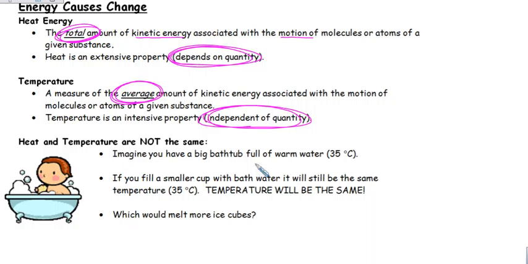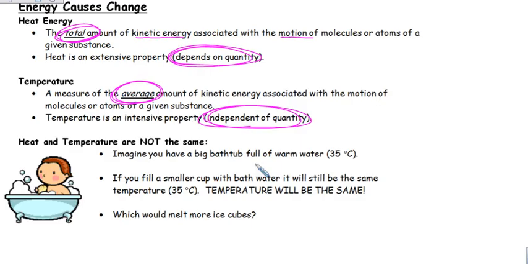But the larger sample, the large tub full of warm water, will eventually melt lots of ice cubes because there's more total heat energy. There's more particles. There's a larger quantity in the bathtub. So the more particles, the more total heat energy. And I can kind of prove that by trying to melt ice cubes.